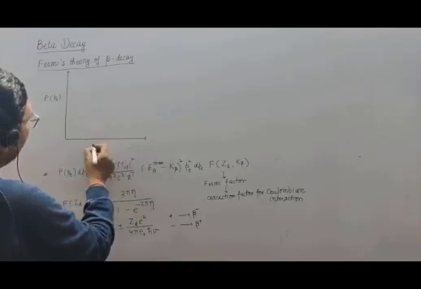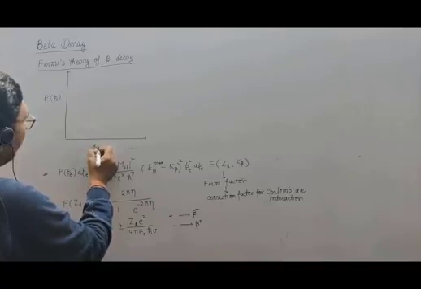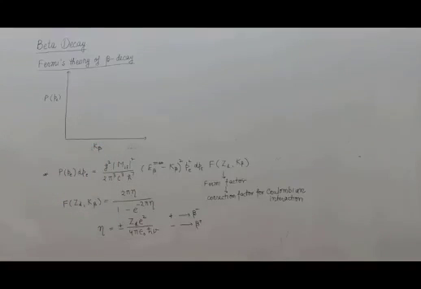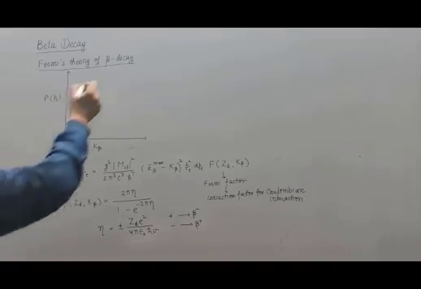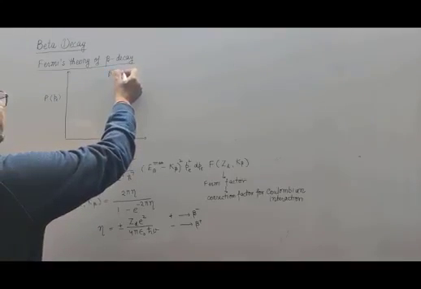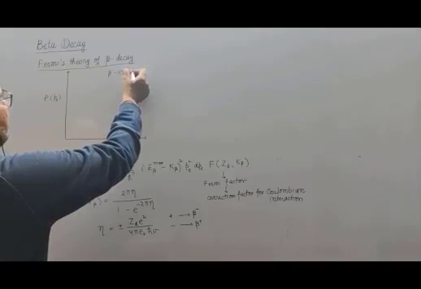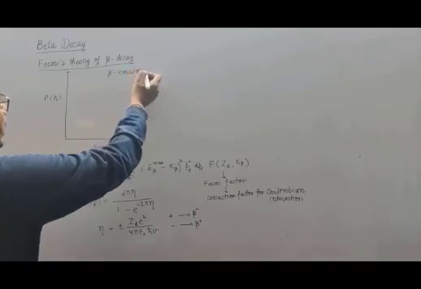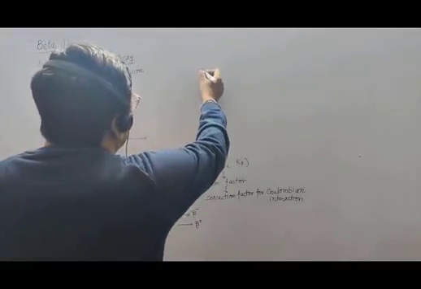They plotted two graphs: one for beta minus emission, and a second for beta plus emission.